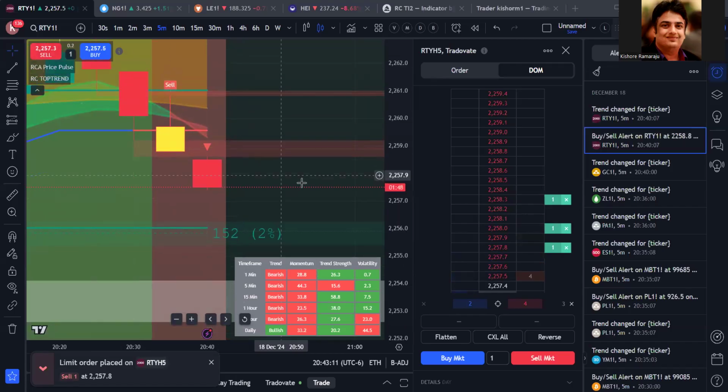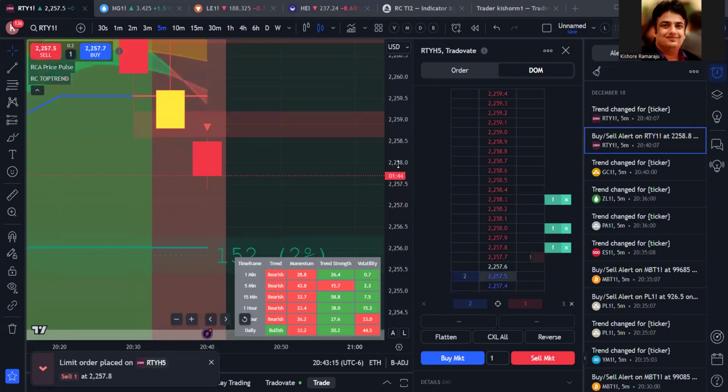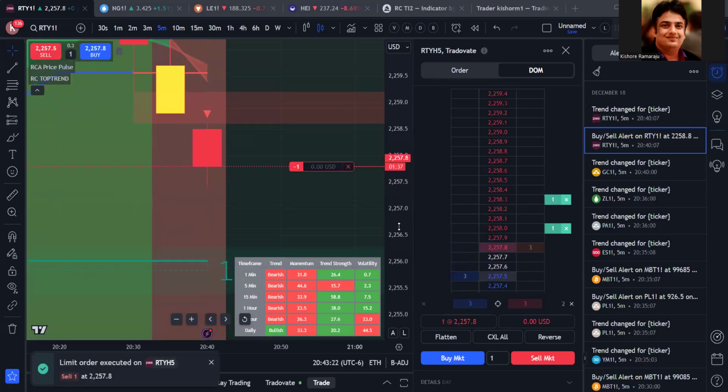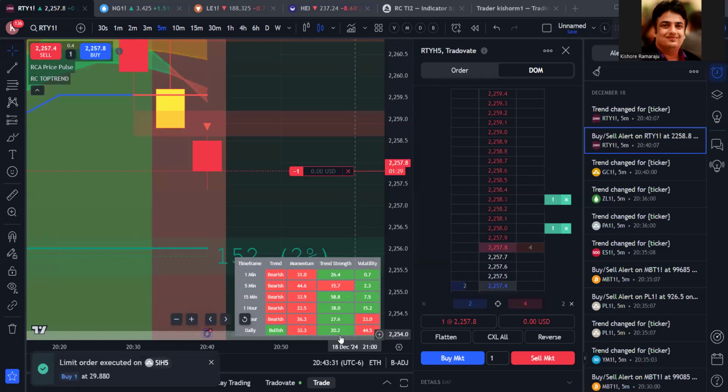You can do a market sell or you can put a limit order. This column tells whether there is a strength in the trend or not.